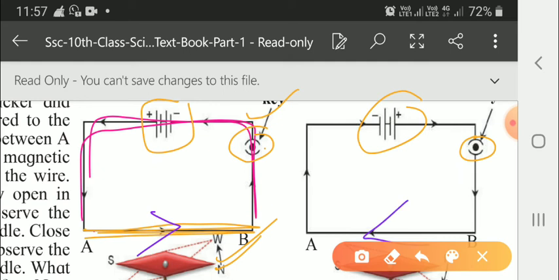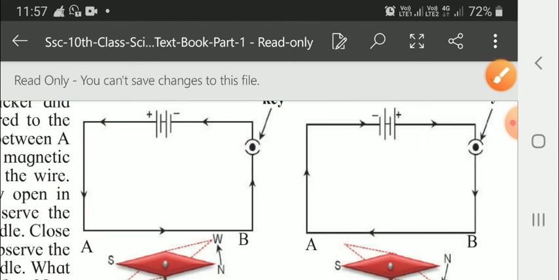So we only have to change the wire AB. Again we will see the change in the needle, so that we can see how it is deflected in the first case and how it is deflected in the second case. Now this is about the magnetic field.